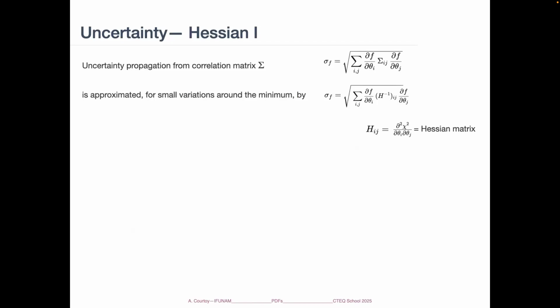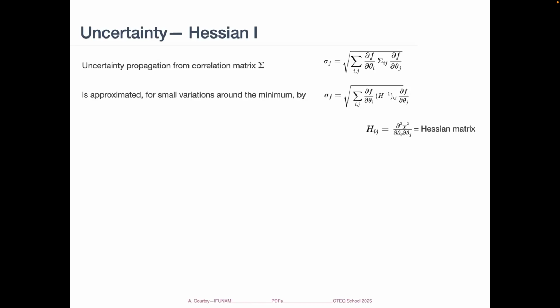So before we go into the uncertainty, we go to the Hessian formalism. I don't know if you see stats or if you do some laboratory work and you propagate the uncertainty of your measurements. You know that you have a function of parameters, and that's how you define the uncertainty on the function, right? You take the derivative with respect to the parameters, the covariance matrix, and the other derivative, and then you calculate that, and it gives you the uncertainty, okay?